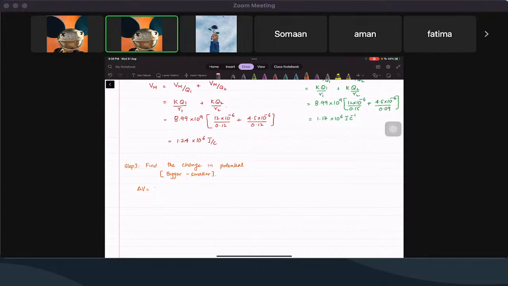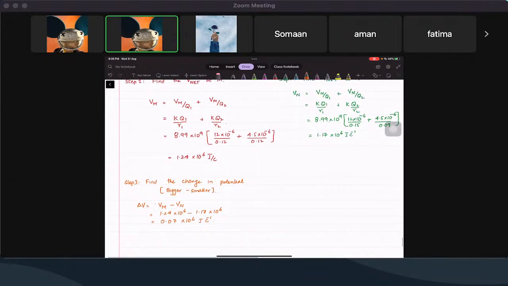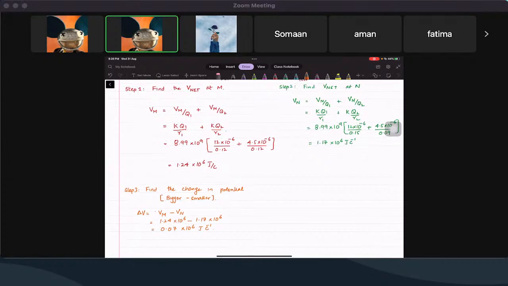So we're going to subtract Vm minus Vn. So 1.24 times 10 raised to power 6 minus 1.17 times 10 raised to power 6. This should give you 0.07 times 10 raised to power 6 joules per coulomb. Please check if I've done it correctly. All right. Yes, sir, it's correct.